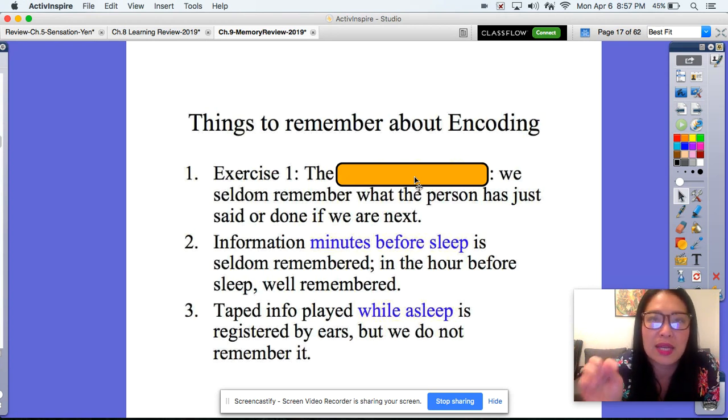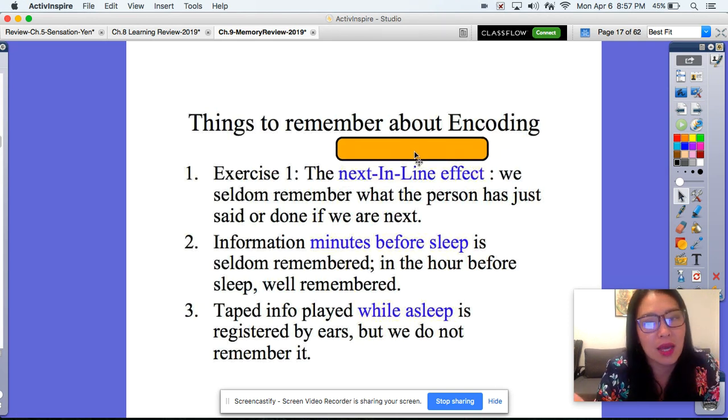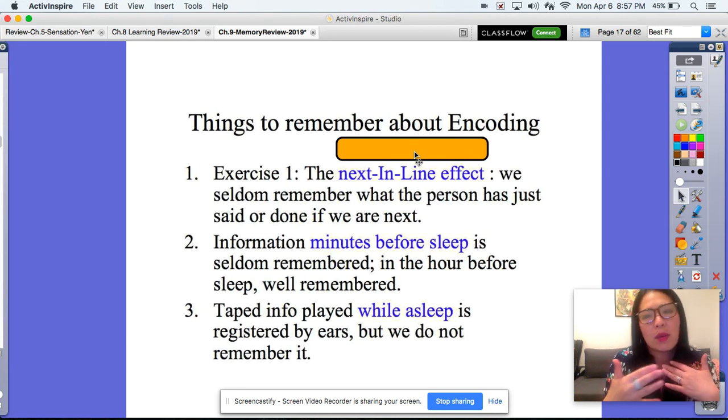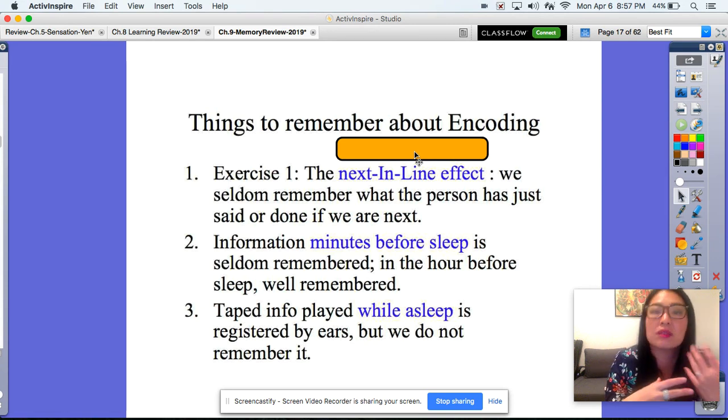But the person right after the one who had just spoken was more likely to forget what that person had said, because they were next in line. A lot of times when someone says, hi, my name is so-and-so, and then you say, oh, my name is so-and-so, and you're like, shoot, what was that person's name? It's because we were next in line to say our name. We're so focused on what we're going to say that we aren't really paying attention to what they've said. So that's called the next-in-line effect.